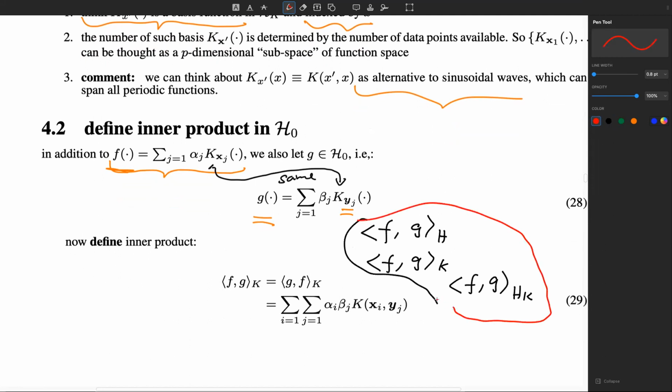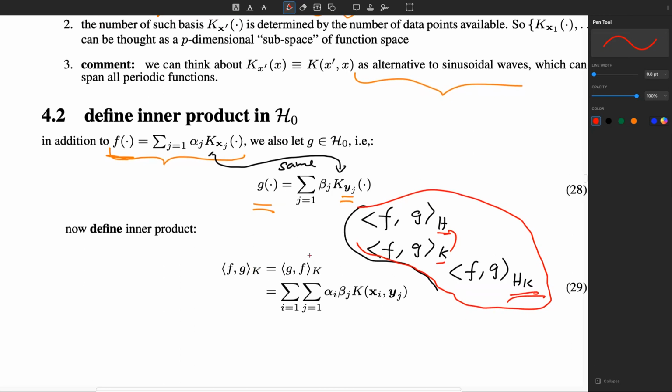H is essentially your Hilbert space, and K is essentially the kernel used in your Hilbert space to make it a reproducing kernel Hilbert space, RKHS. So this is the most proper notation to have. When you define it like that, if you compute the inner product of the two, you can work it out to be this, okay?